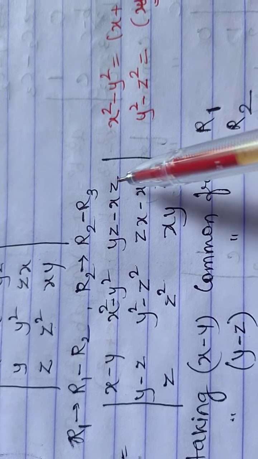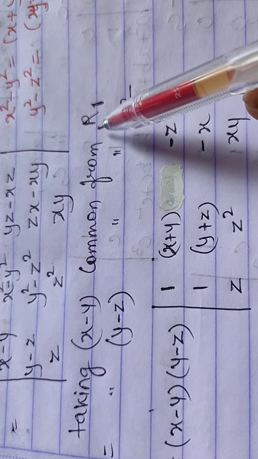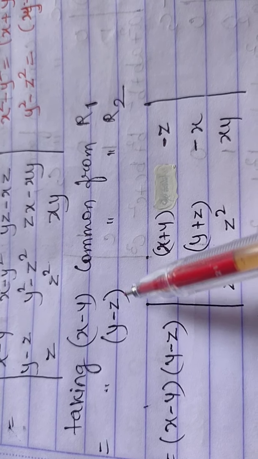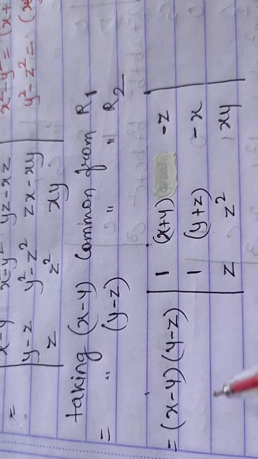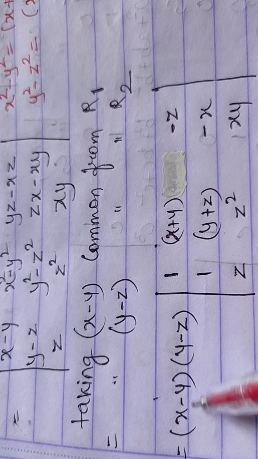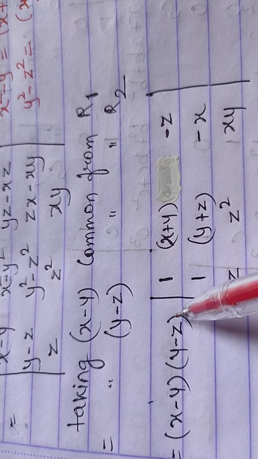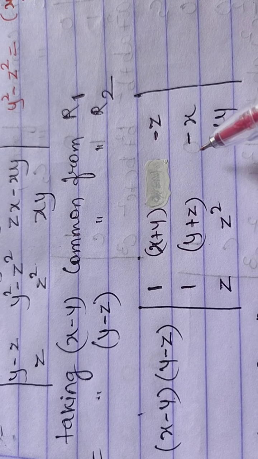So taking x minus y common from r1 and y minus z common from r2, we write x minus y and y minus z outside the determinant.